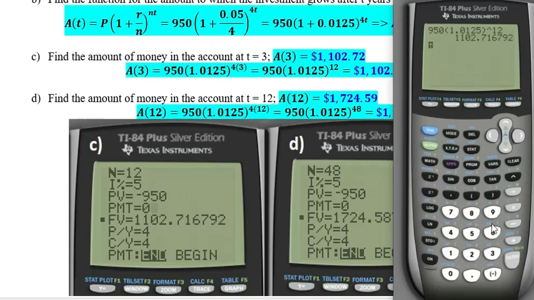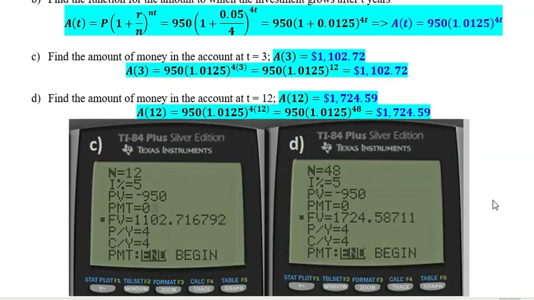Then second enter, then simply change this to 48 for 12 years. Then this gives us $1,724.59.